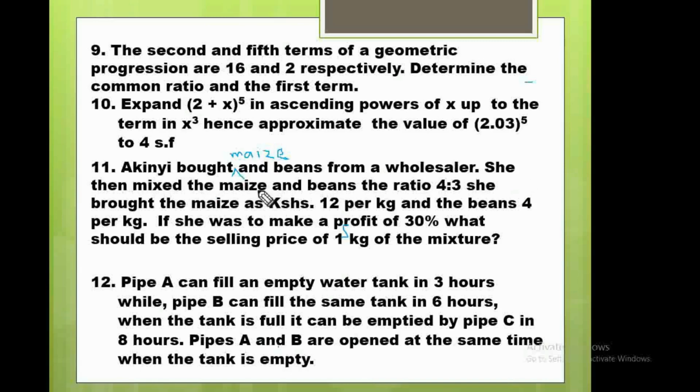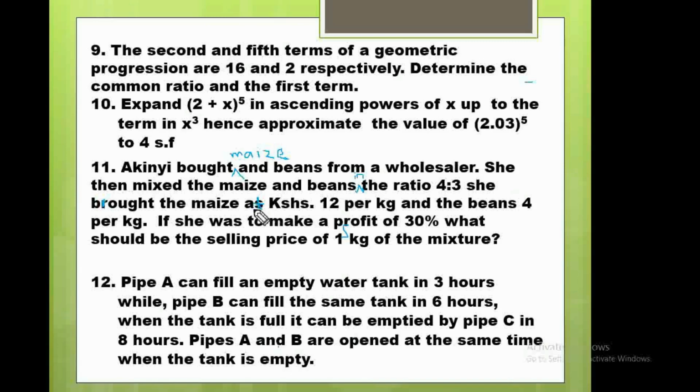She then mixes maize and beans in the ratio 4:3. She bought the maize... This one should be she bought the maize at. Okay, just correcting that, so you can make those corrections.